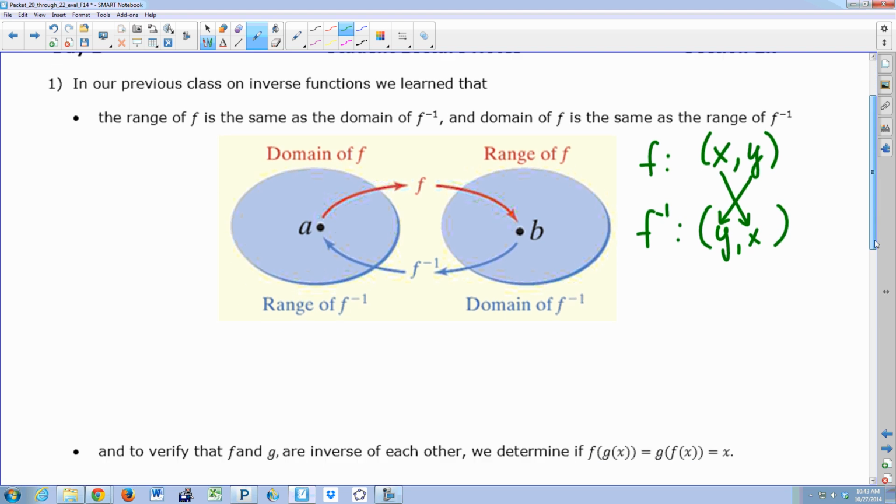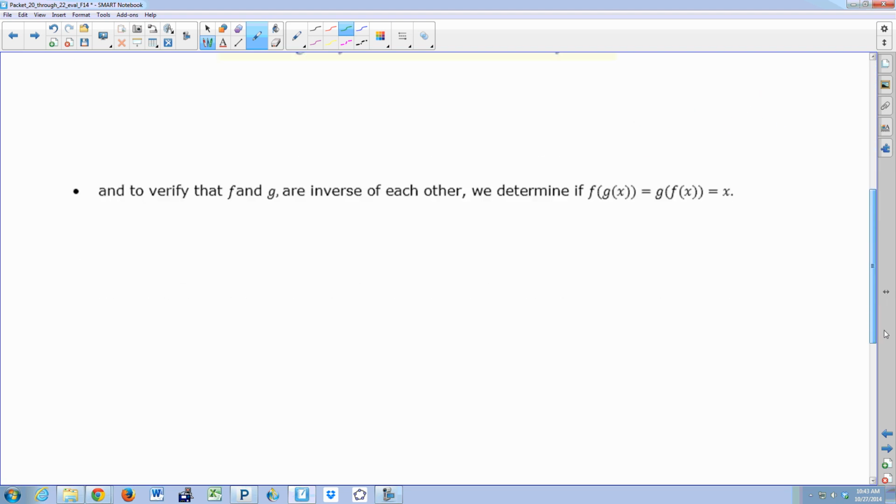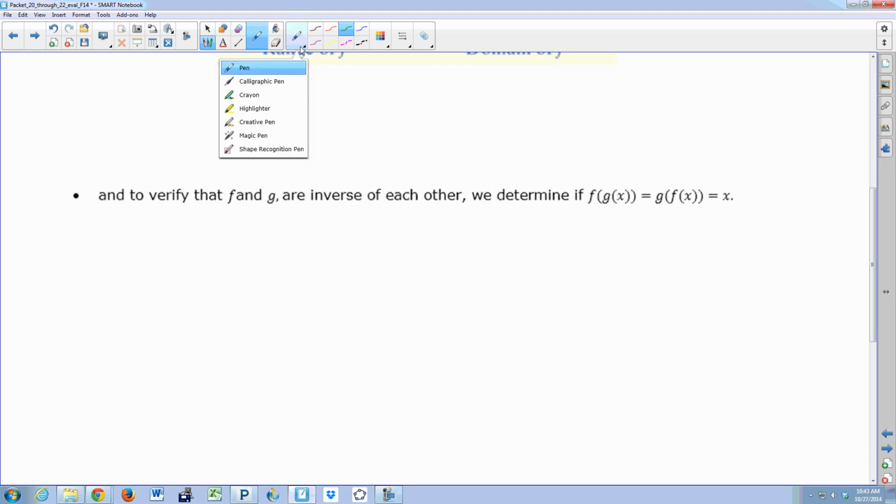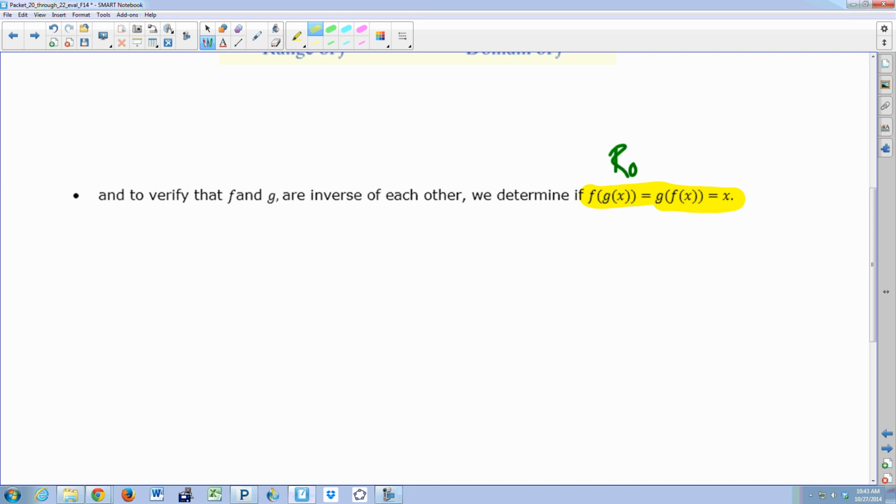So we spent a lot of time Friday going over that. And then the other really big idea is right here. We spent some time doing this on Friday. So you want to read that first, Ryan? Okay, so remember we called this the round trip.